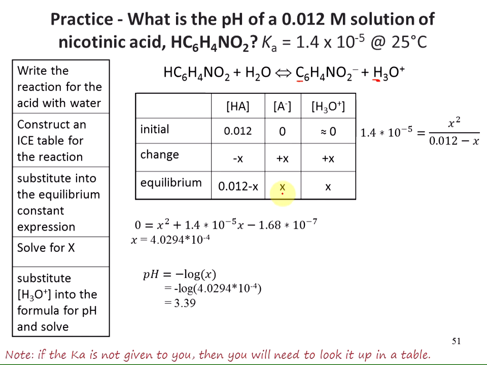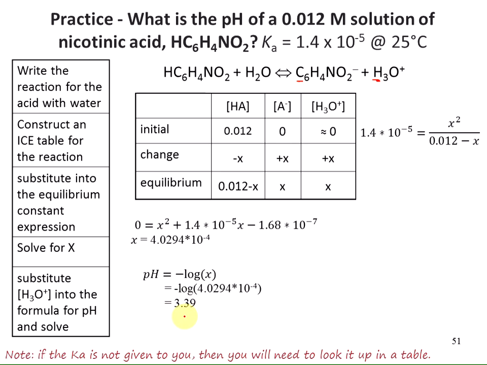And they wanted to know the pH of the solution. So if I know the hydronium concentration at equilibrium, and that X is 4.02 times 10 to the minus fourth, I can take the negative log of that value, and I put that in my calculator and I get a pH of 3.39.